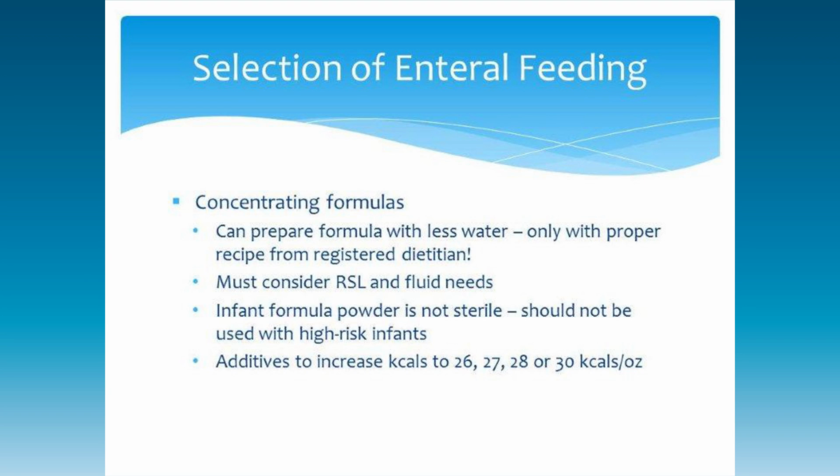So we don't want parents concocting their own recipe and concentrating their own formula, okay? So that recipe needs to come from you. You need to calculate that baby's renal solute load and what they can tolerate, and make sure that concentrated formula is acceptable. You need to figure out what their fluid needs are and make sure that amount of formula is going to meet their fluid needs.